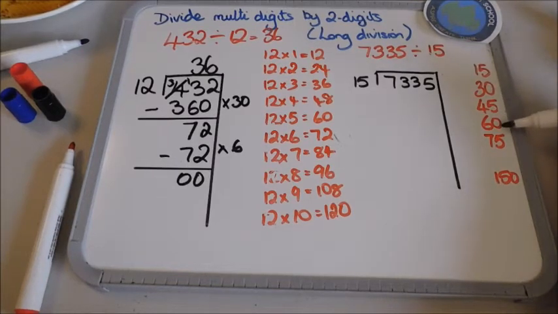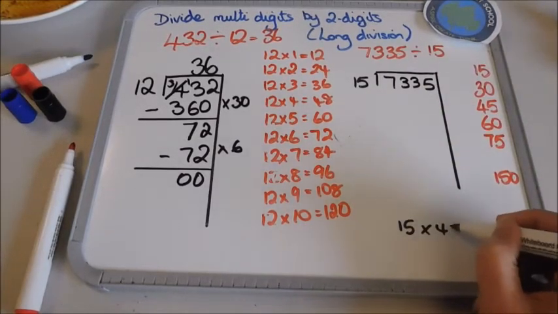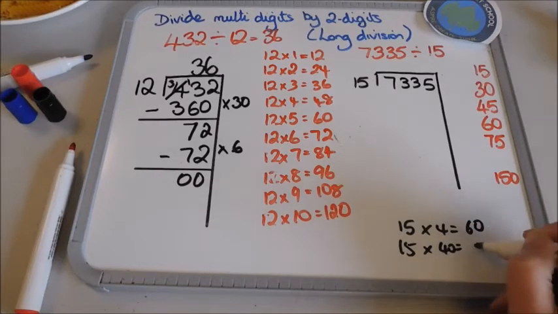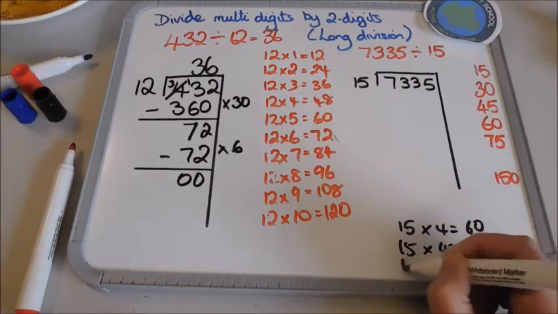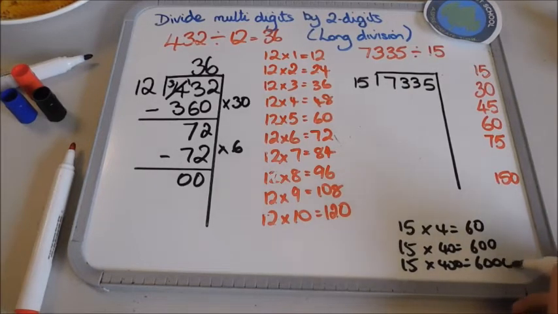But if I look as well, I've got 75 is too high. I've got 60 here. So 1, 2, 3, 4 lots of 15. So if you think about it, 15 times 4 is 60. 15 times 40 would be 600. 15 times 400 is 6,000.